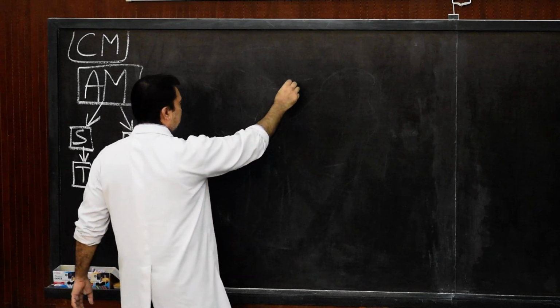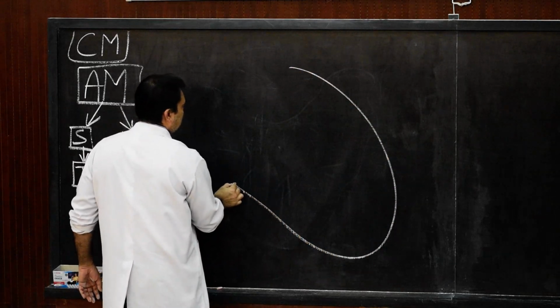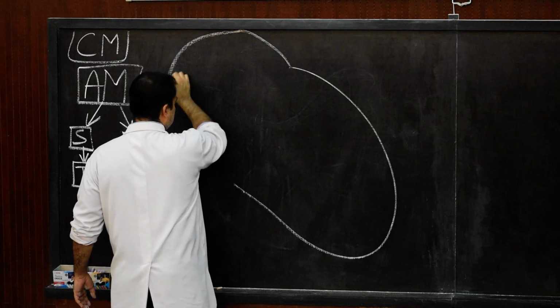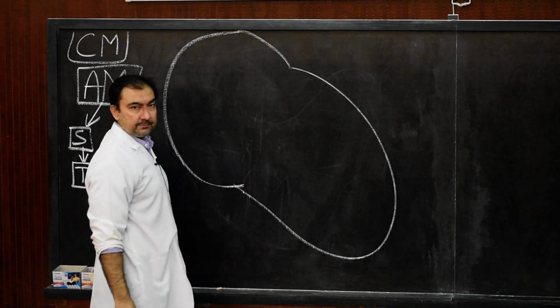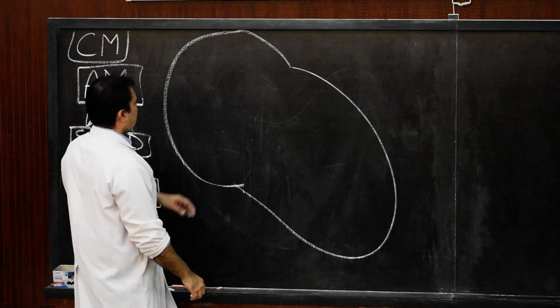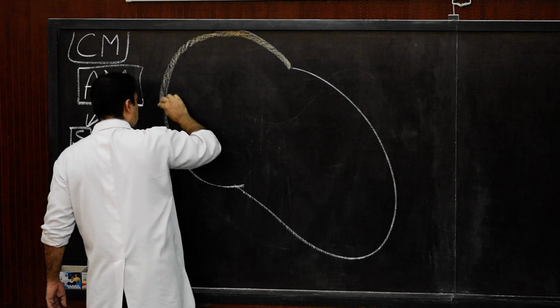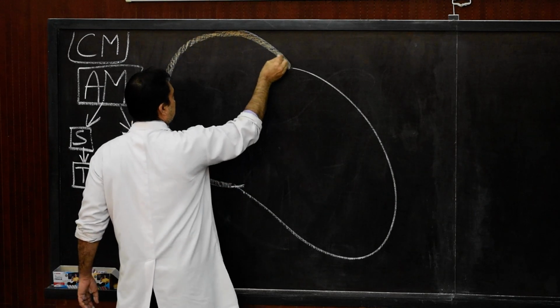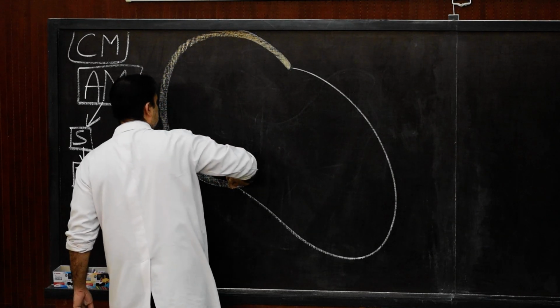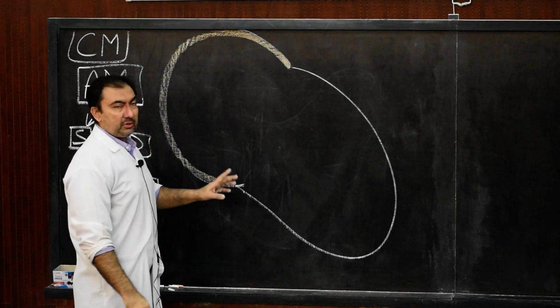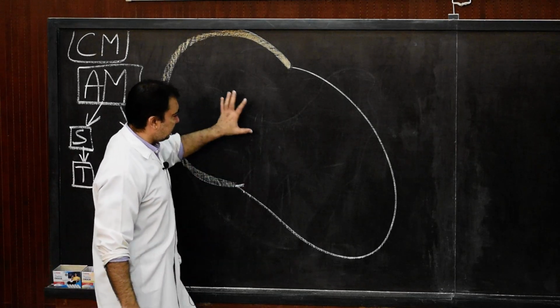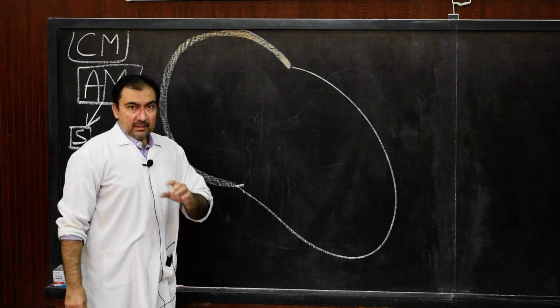Now here simply a sagittal section of the heart, and here we show the roof of the common atrial chamber. This is the roof of both the atria. This is a sagittal section, atria and ventricles.